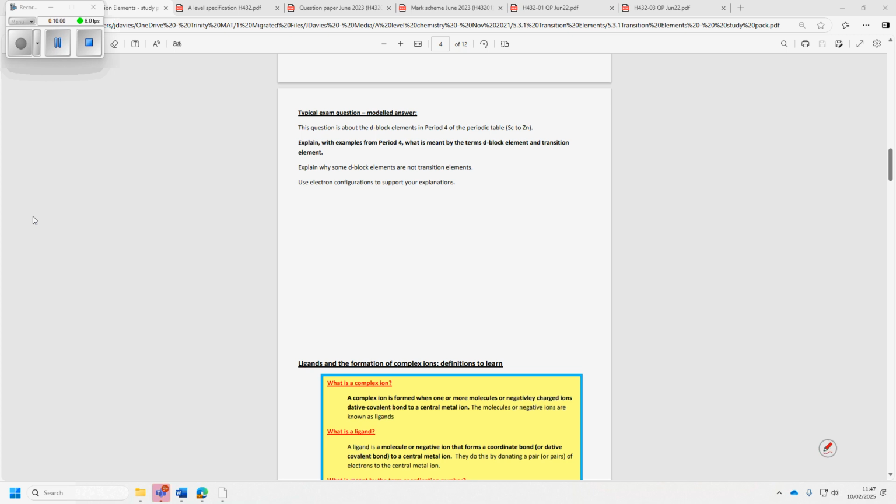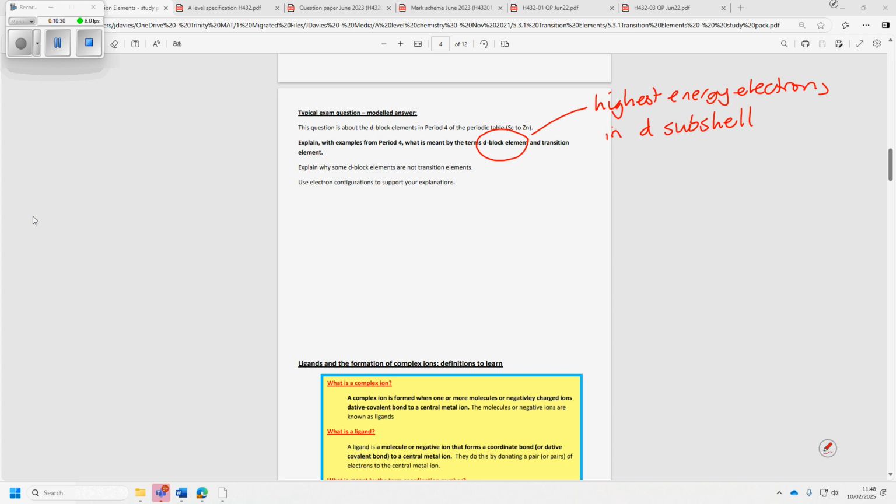So first of all, we need to think, what is a D-block element? Well, as we know, its highest energy electrons are in the D subshell. If you said highest energy electrons are in the D orbital, that's quite acceptable.